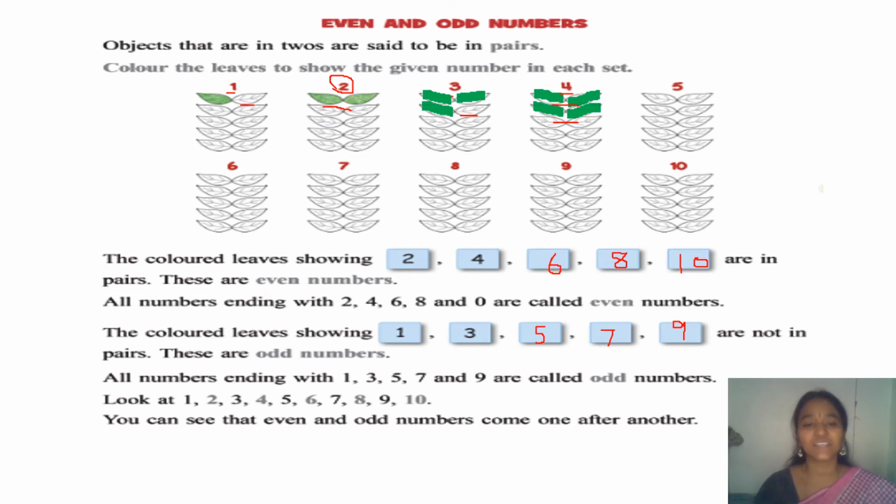You can see that the even and odd numbers come one after another, right? 1 is an odd number, 2 is an even number. So 1, odd, even, odd, even, odd, even, odd, even, odd and even.